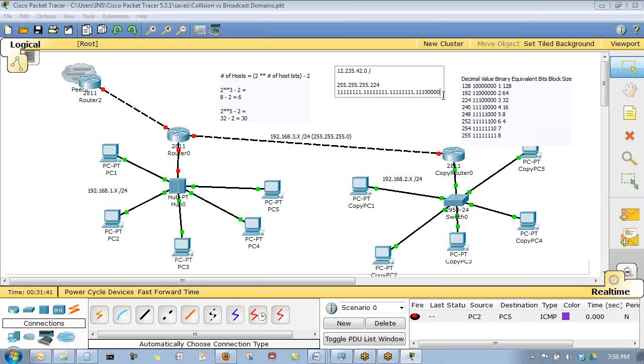All of the ones represent network bits, okay?